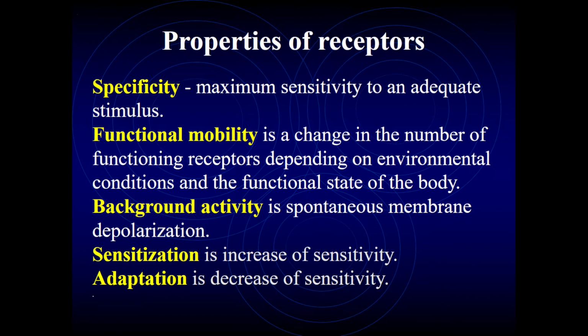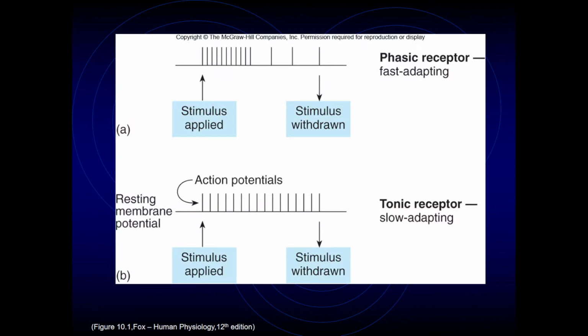It's decrease of sensitivity. With the long-acting stimulus, adaptation of the receptors occurs. On the base of adaptation, we can divide all receptors into phasic or fast adapting and tonic or slow adapting.